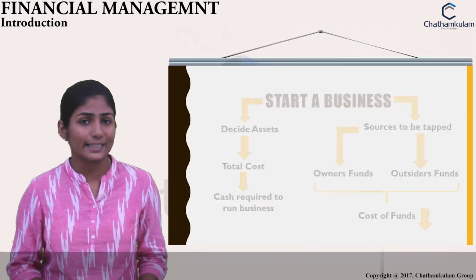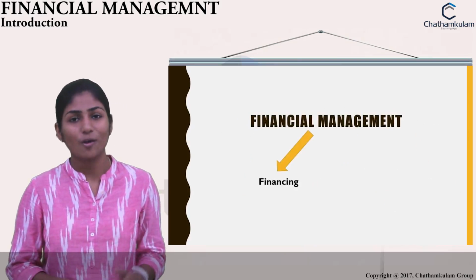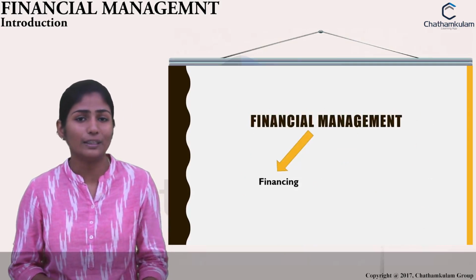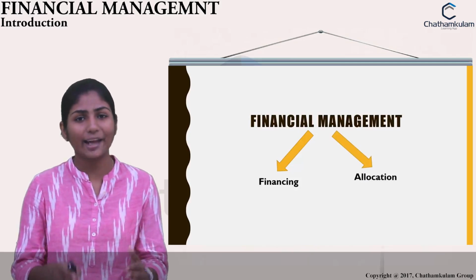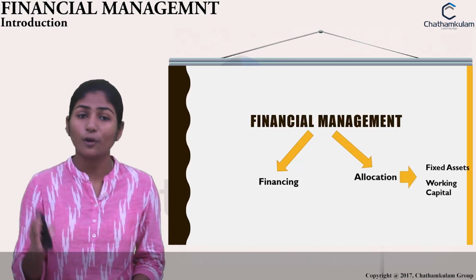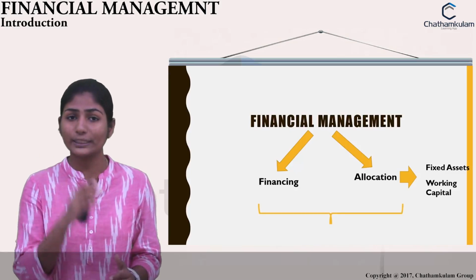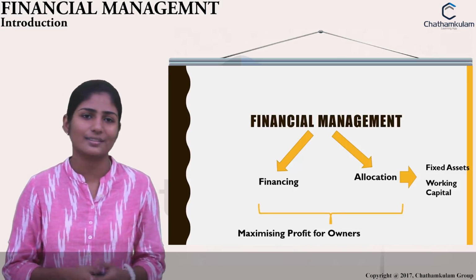So, we can say financial management is mainly concerned with financing your business, that is, arranging the funds so that those funds can be allocated effectively for fixed assets creation, for running your business, and all these are done with an intention to maximize the profit of the business.